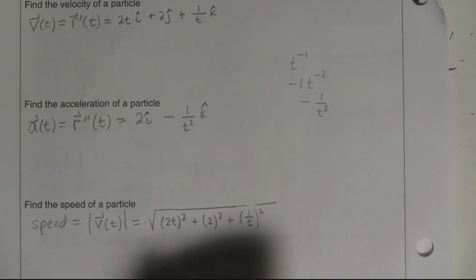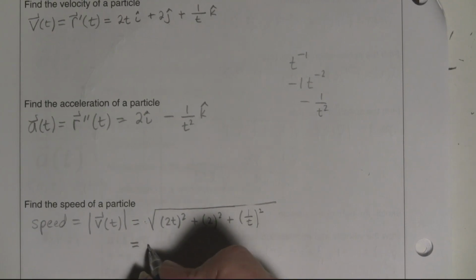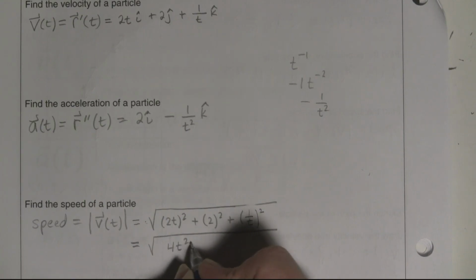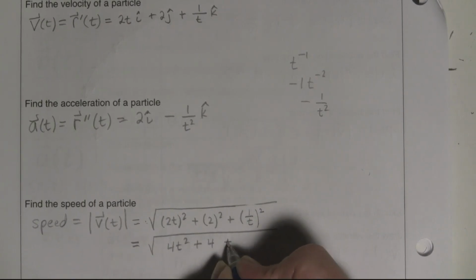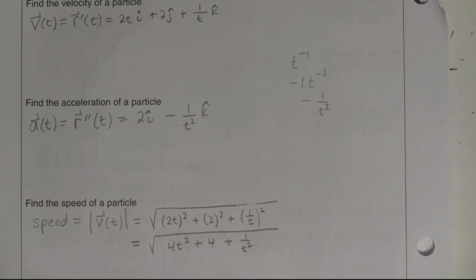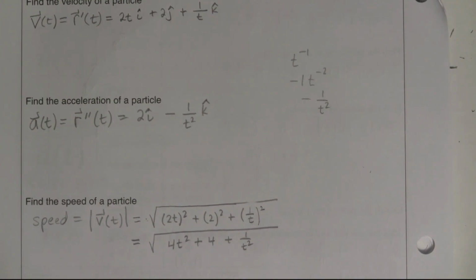If I mess around with this a little bit, 4t squared plus 4 plus 1 over t squared. And if I get a common denominator, actually it's going to turn out quite nice. And I'm always asked, should I simplify things? And the answer is yes, you should, definitely.